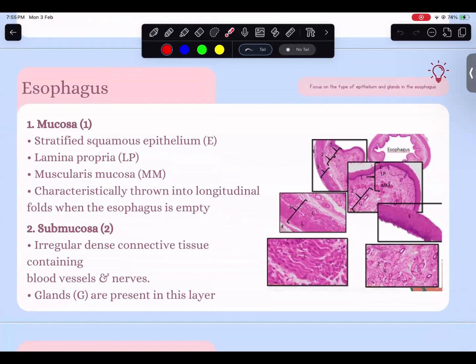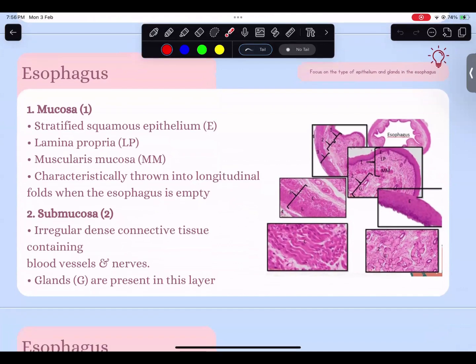Coming to the histology, also these boxes on the slides: I looked at the important points of your OSPE that came out, and the boxes on the slides just tell you that it was emphasized in the important points that you got. Okay, so the esophagus has four different layers.